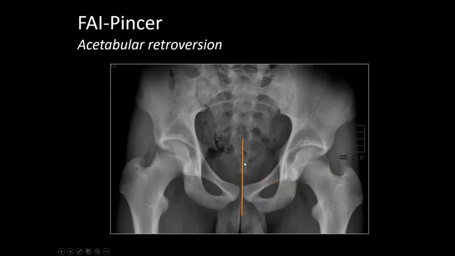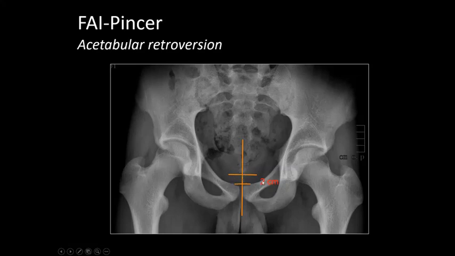The way to assess that is that the tip of the coccyx should be lined up with the symphysis pubis, and also the tip of the coccyx should not be more than 2 centimeters cranial to the symphysis pubis. So you need to check the centralization of the coccyx as well as the height of the coccyx.